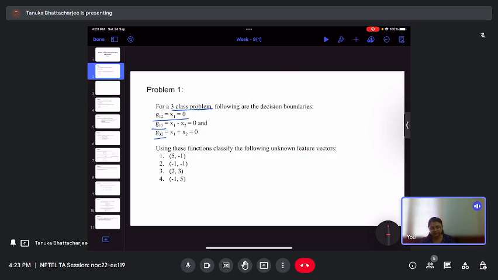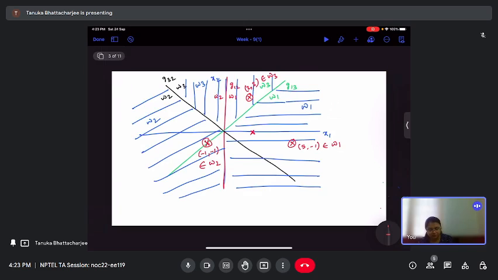And the last point that we have is minus 1, 5. This will also be somewhere here, so this will also belong to class omega 3.